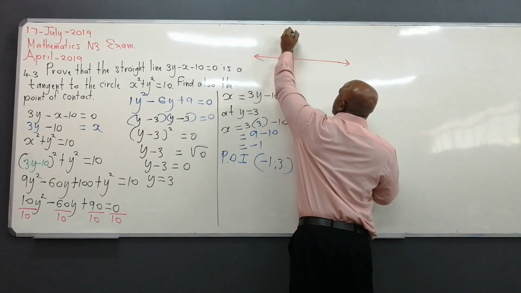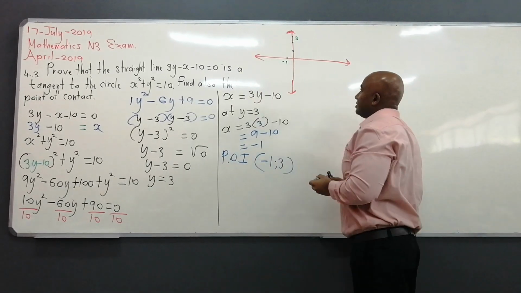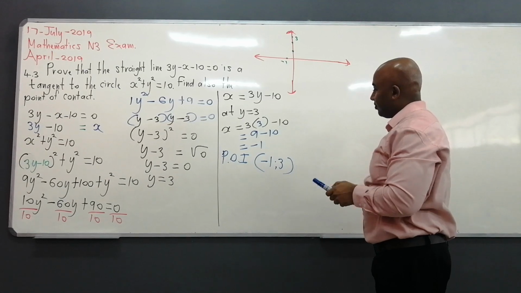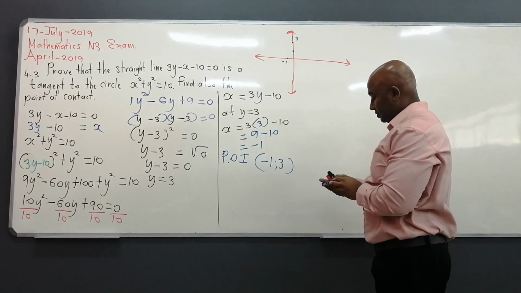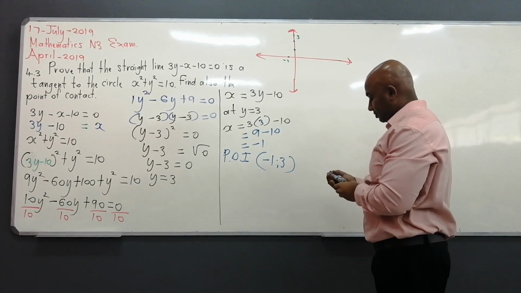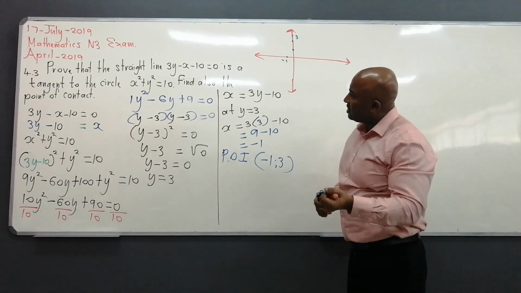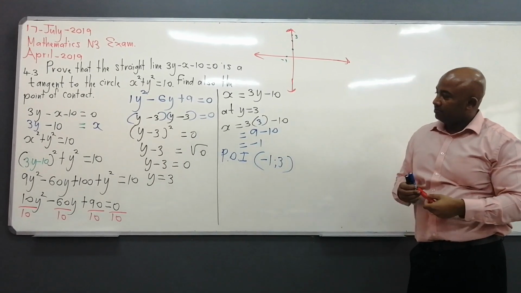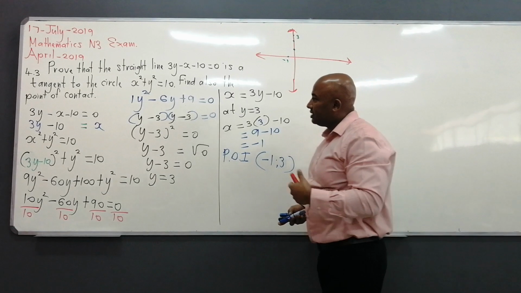Here is minus 1 and 3 there. What is the radius of the circle? Let's get the circle. What is the radius?